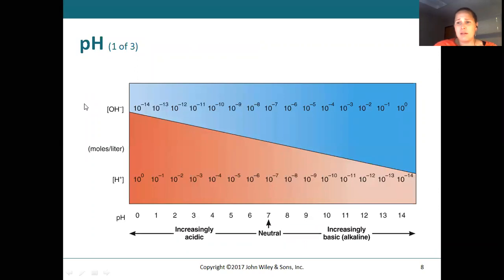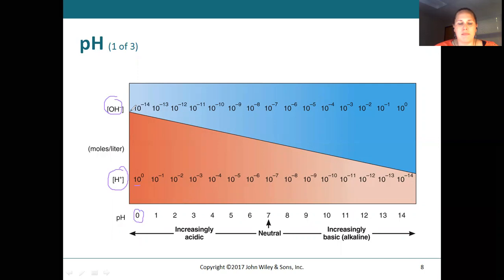So again, in terms of recognizing what pH is and how it matters, you can see here that if you have a very acidic solution, you have a very low amount of OH-, and if you have a lot of H+, in this case 10 to the 0, you have a very low pH. So in this case it would be a pH of 0.